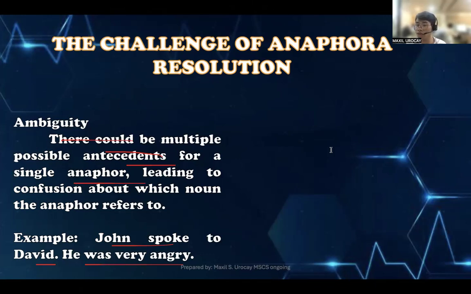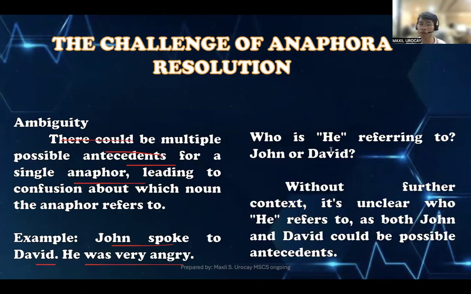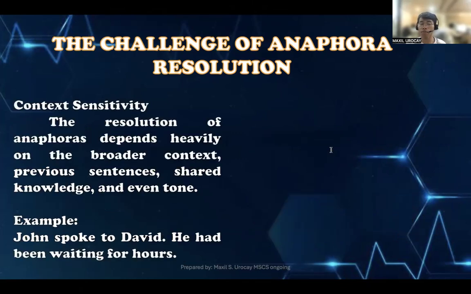We don't know if he refers to John or David. So, in such cases, multiple interpretations arise, which makes it difficult to resolve the pronoun. Who is he referring to, John or David? Without further context, it's unclear who he refers to, as both John and David could be possible antecedents. So that is one of the challenges in anaphora resolution.